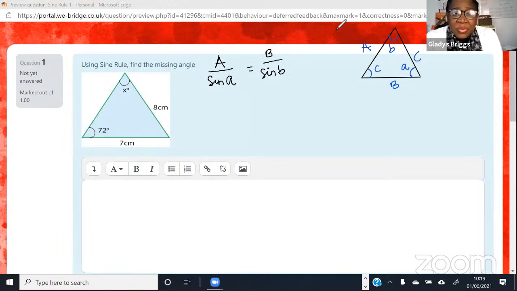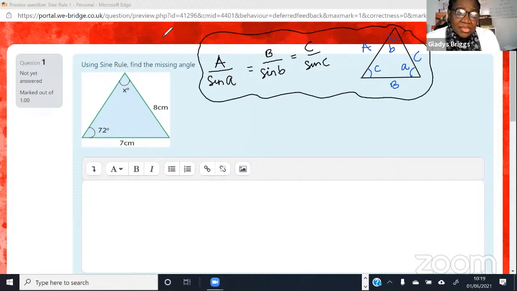Okay, and that's equal to c over sine C as well, okay? So that's small c and capital C. I'm trying to write them the wrong way around now. Okay, so you can finish that up by writing it like that. That's the rule that you need to remember. This is the sine rule.